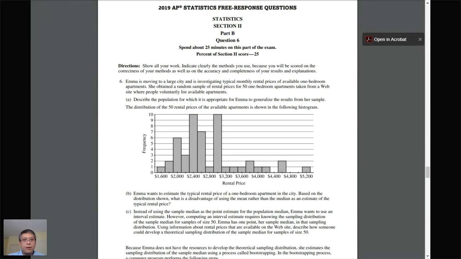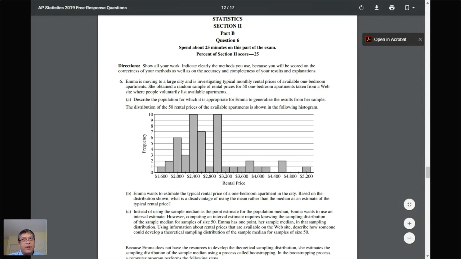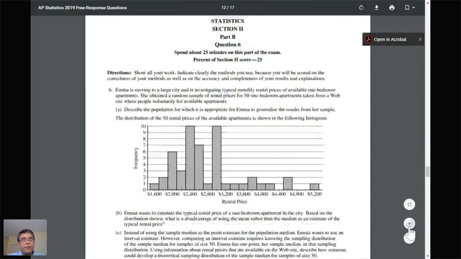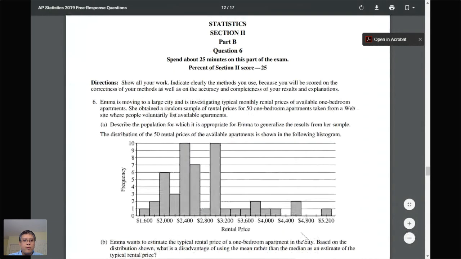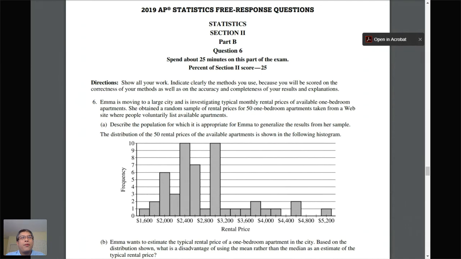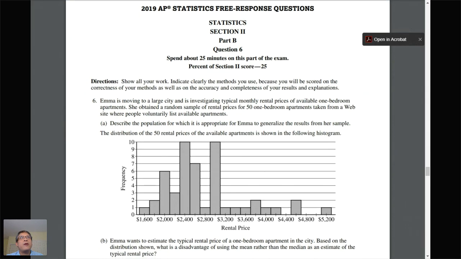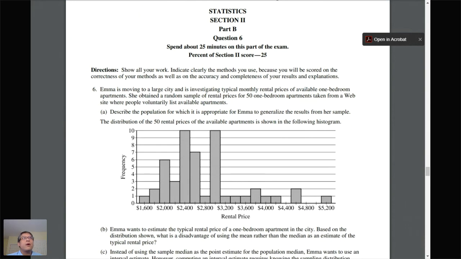Okay. So question 6 always consists of a couple of things that you know how to do, and then a couple of things that are new. In particular, if you're looking at writing the answers to 6A and 6B, if we're looking at this graph here, you want to know what this is a graph of.